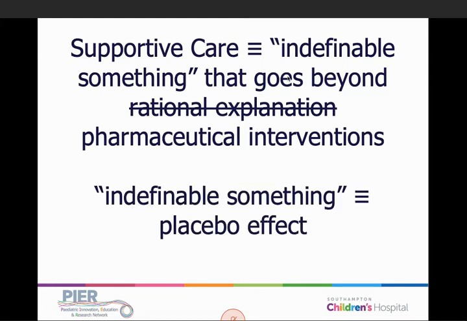And that indefinable something, I would suggest to you, might well be the equivalent to what we often think about as the placebo effect. And the placebo effect, I think, is something which is extremely important in the management of asthma, and something that unfortunately has been hugely neglected in aspects of how we approach and think about and try and study this particular type of disease.